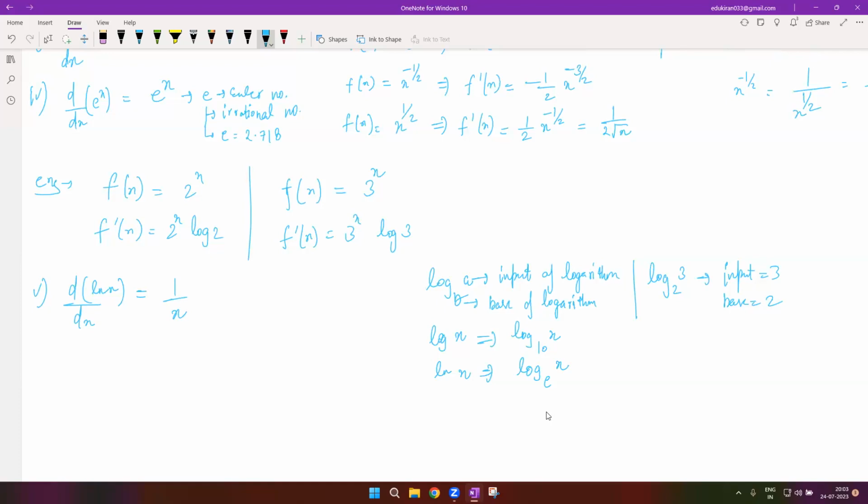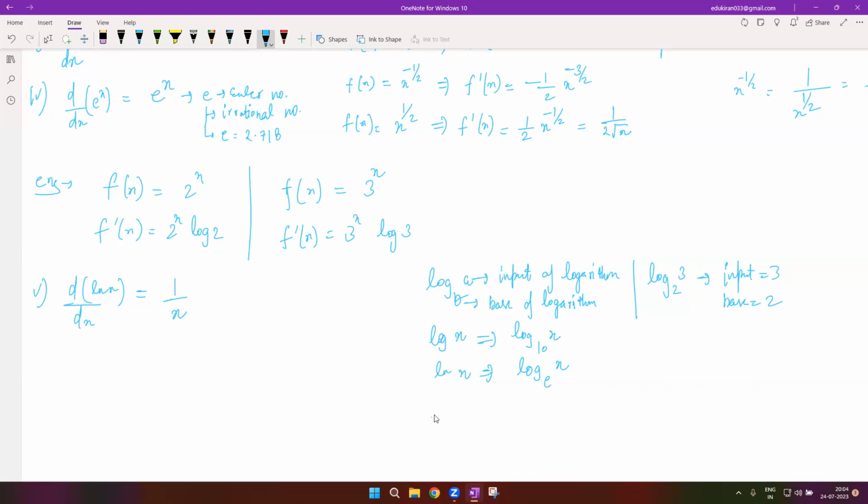In all other cases, the base will be shown, but in these two cases they will not show you the base. They will just write the expression directly. If they write log x, the base is 10. If they write ln x, the base is e.